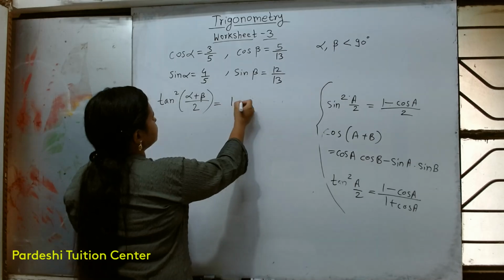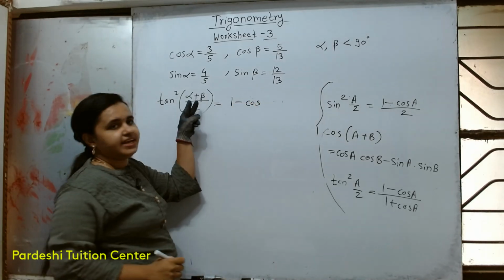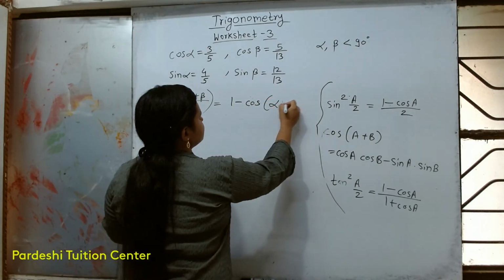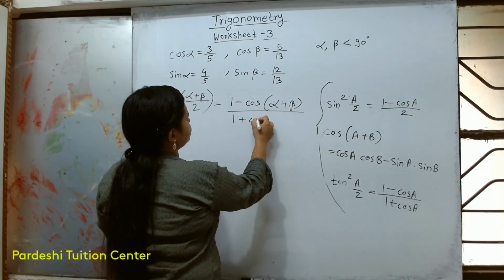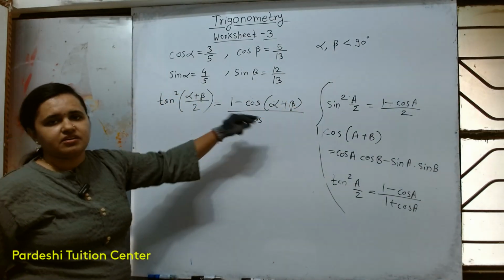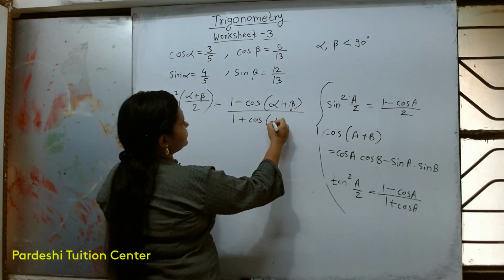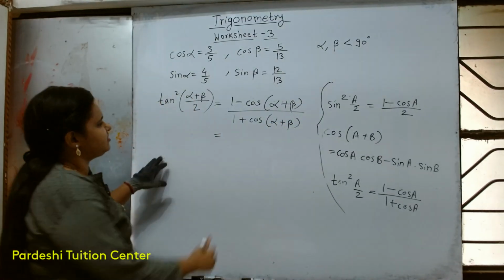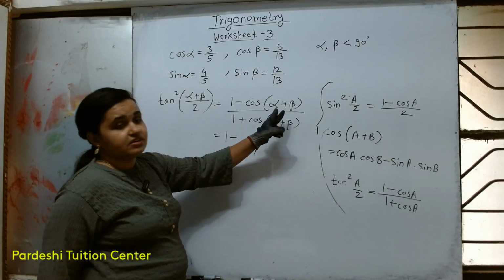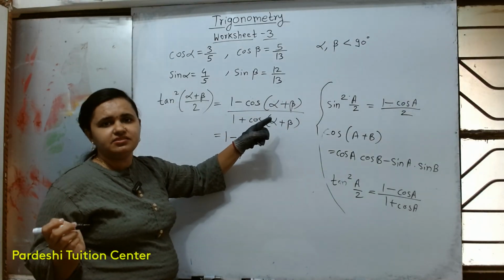1 minus cos A, here our A is alpha plus beta, upon 1 plus cos of alpha plus beta. Our A is alpha plus beta again. We have calculated the sin and cos in questions 17 and 18.